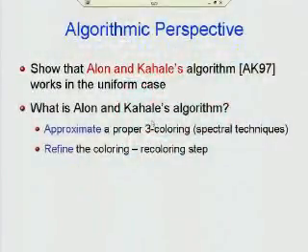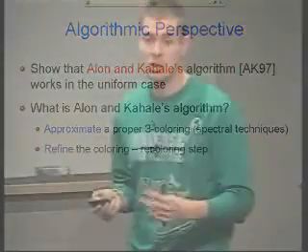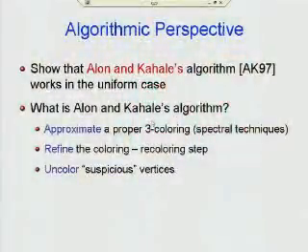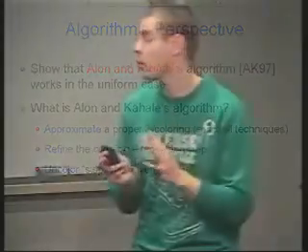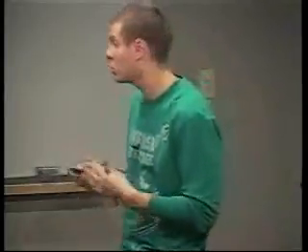So the first step is to get some approximation of a proper 3-coloring. Then there are two phases where you are basically left with a partial coloring, but typically with high probability it will be correct, that is, it is part of some legal 3-coloring. So you are doing this combinatorial local fine-tuning, and then you are left with something that is partial.